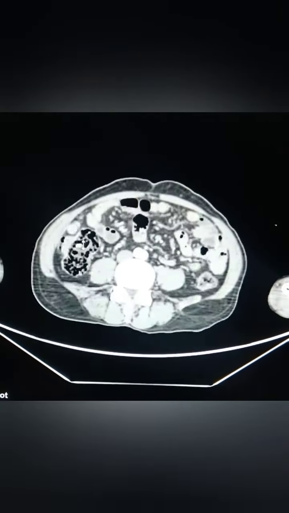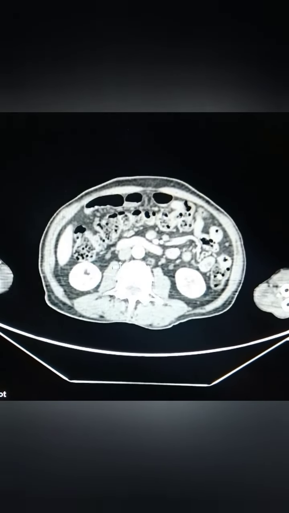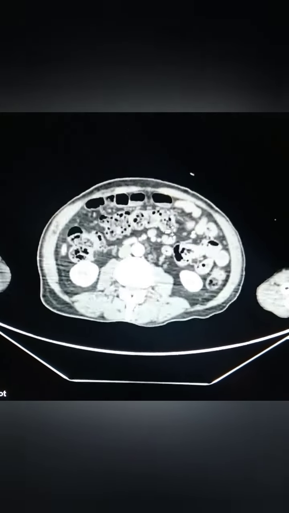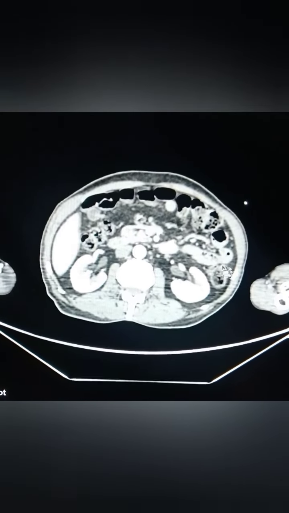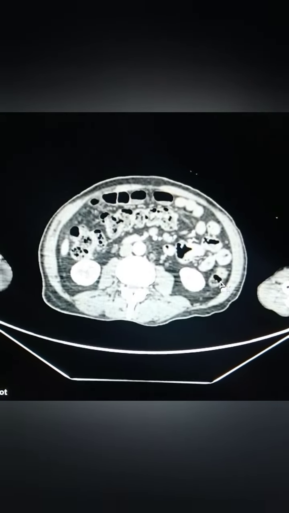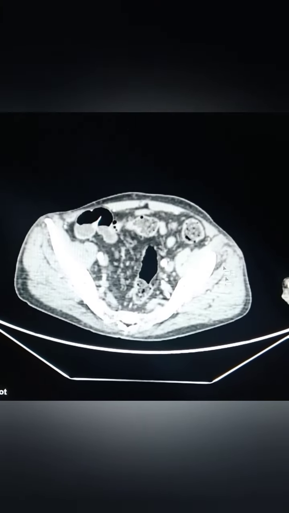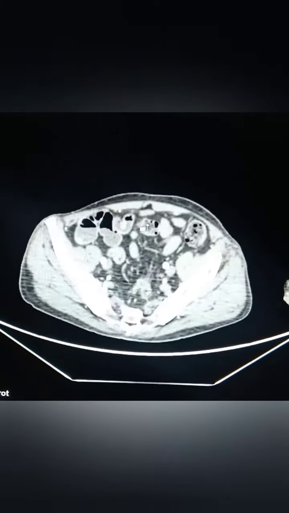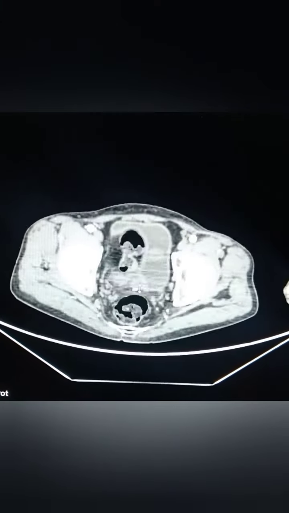When you go up, it ascends to the hepatic flexure, and it continues as the transverse colon. We trace the transverse colon. It continues as the splenic flexure and as the descending colon. When we trace the descending colon down, you see this here. This is the sigmoid, the rectosigmoid, and it opens into the rectum.